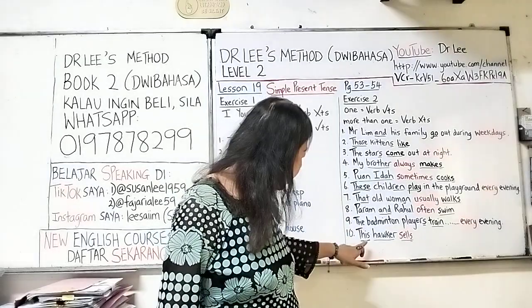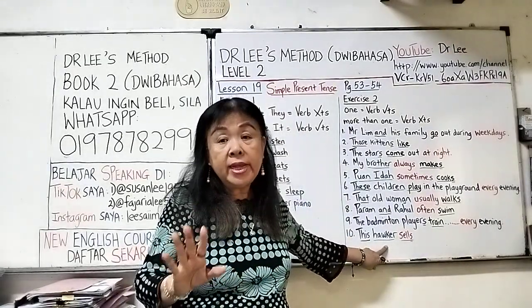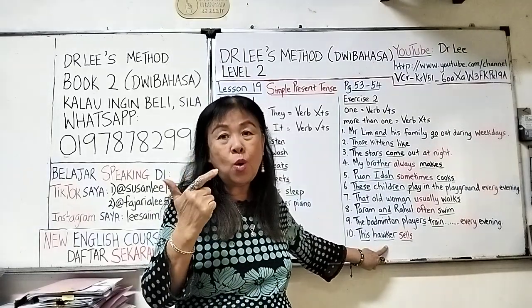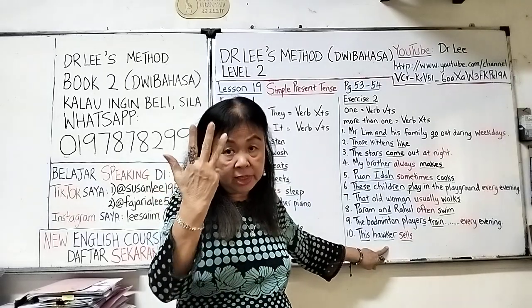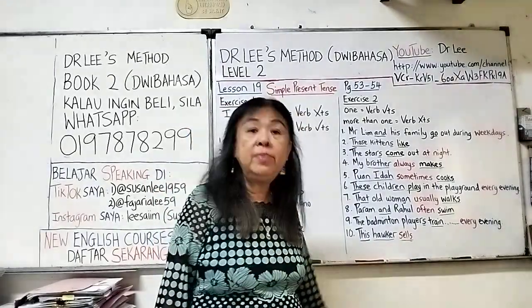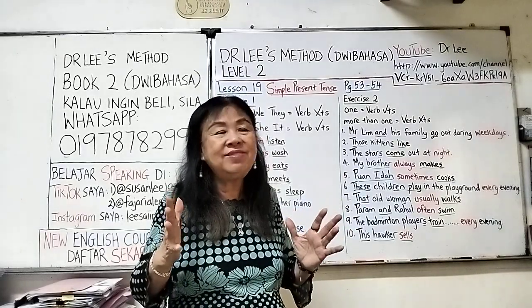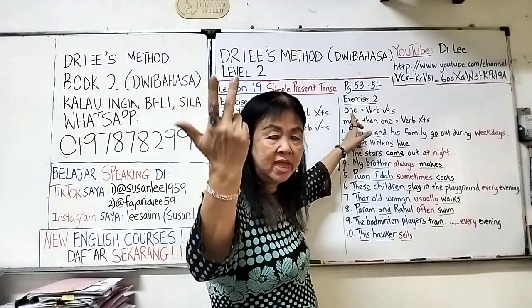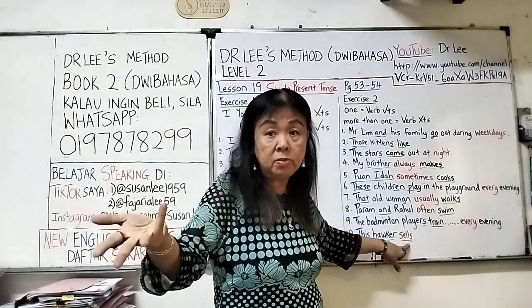Okay, so remember, this is 1, so hawker cannot put S. We cannot put S if we are talking about 1 person, 1 animal, 1 thing, 1 place. We cannot put S to the noun, to this form. But then the verb, we must put S. So because the rule tells us that 1 person, 1 animal, 1 thing, 1 place, the verb you must put S. Here the verb is sell, so you need to put S.